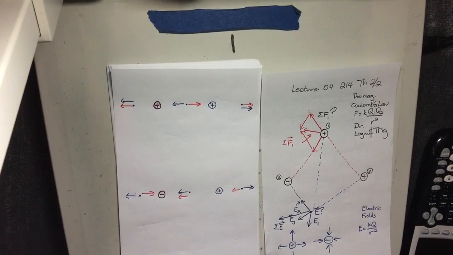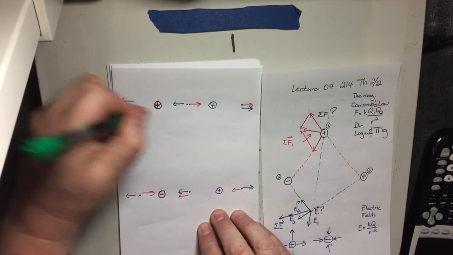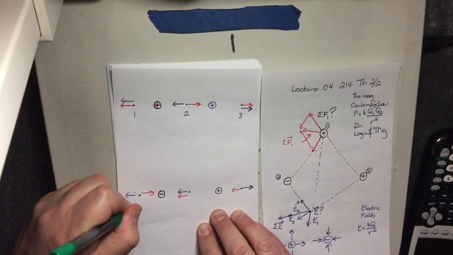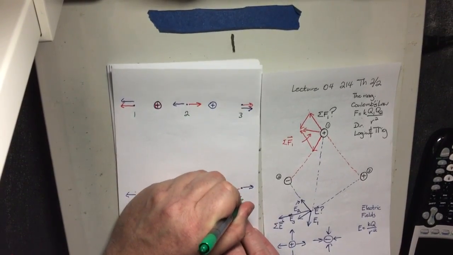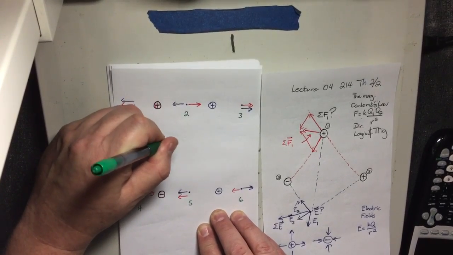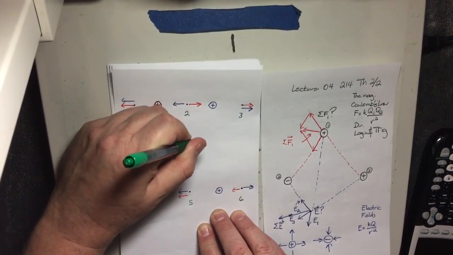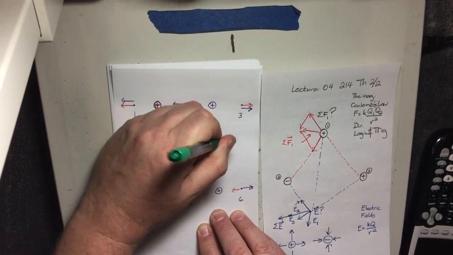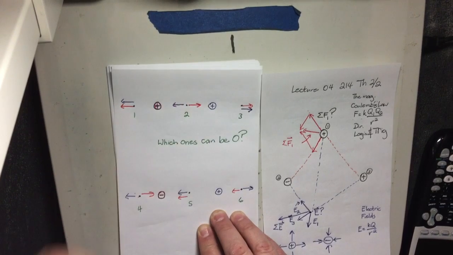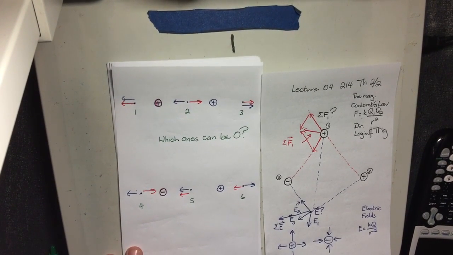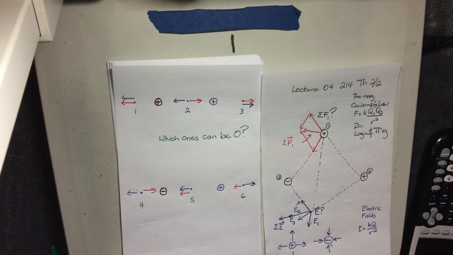So now let me number the points. Which of these points is it possible that they add up to 0, that the vectors add up to be nothing? 2, 4, and 6 can add up to be 0.